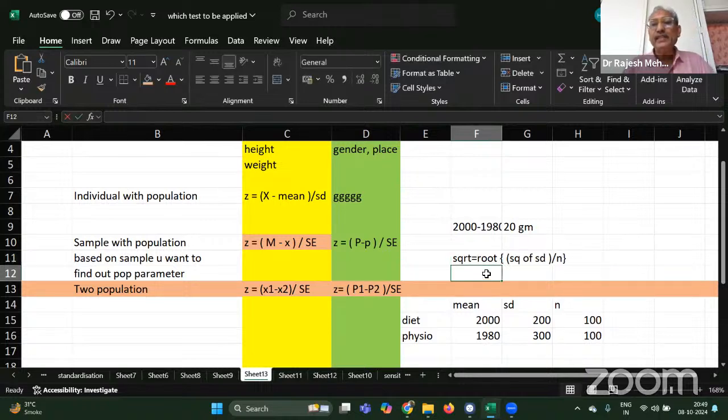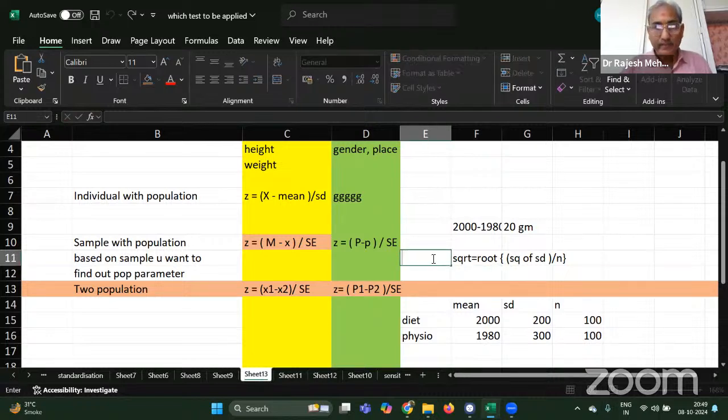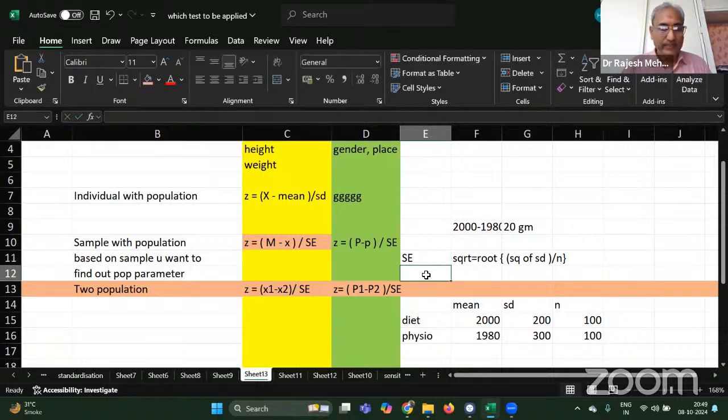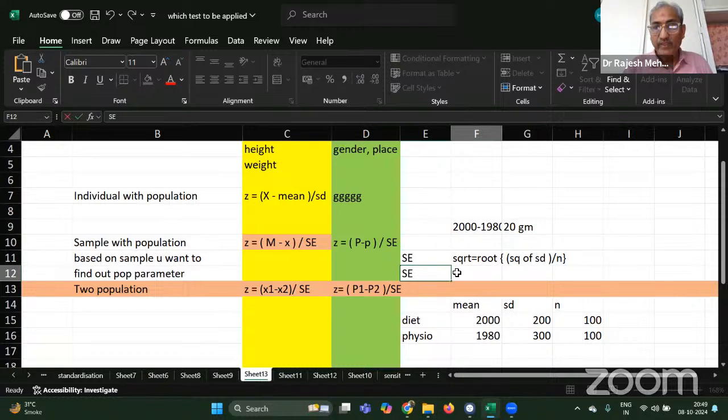But that was the formula for the standard error of mean. When we want to use the standard error of difference between two means, we do the same thing, but we take the square root of SD1 square upon N1 plus SD2 square upon N2. That's what we are doing, right?